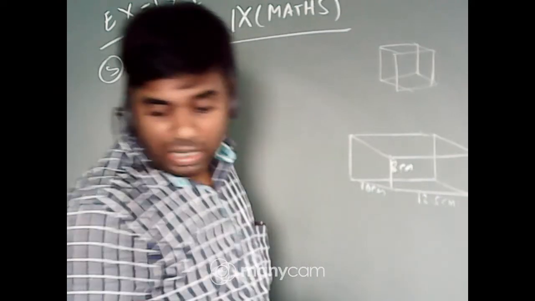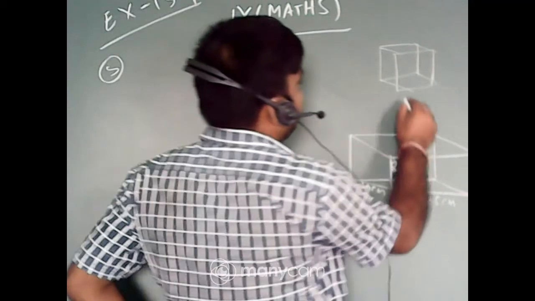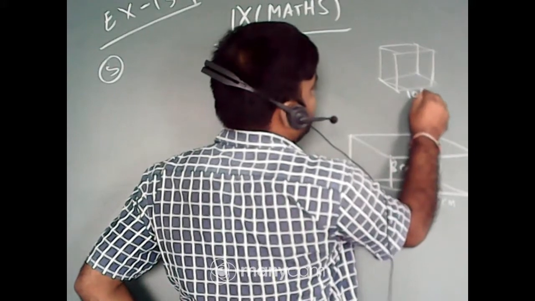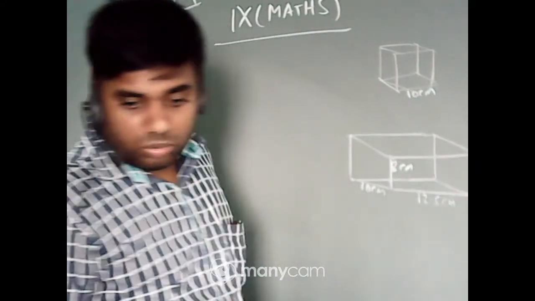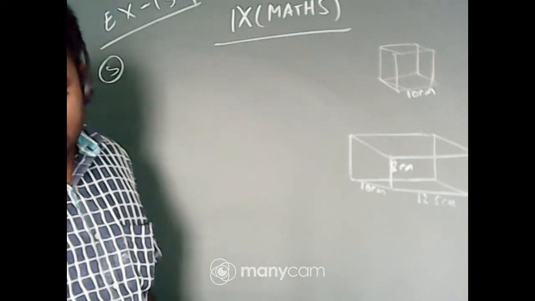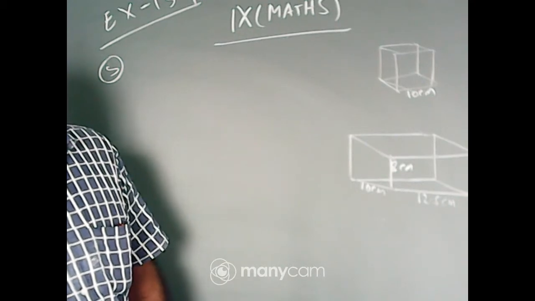And in the cubical box, its edges are 10 centimeter. Okay, so in the first question, which box has the greater lateral surface area?